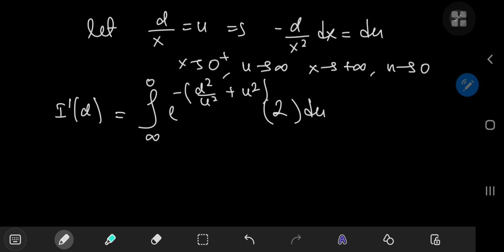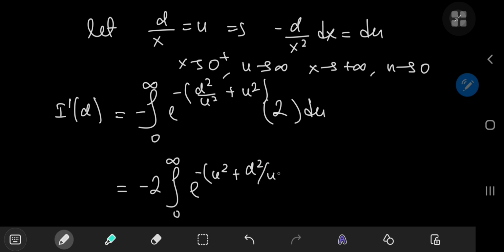Now, this looks incredibly weird because we're integrating from infinity to 0, so just switch up the limits of integration so it looks nicer, and we'll introduce a negative sign. So finally, we have negative 2 times the integral from 0 to infinity of e to the negative u squared plus alpha squared by u squared du.